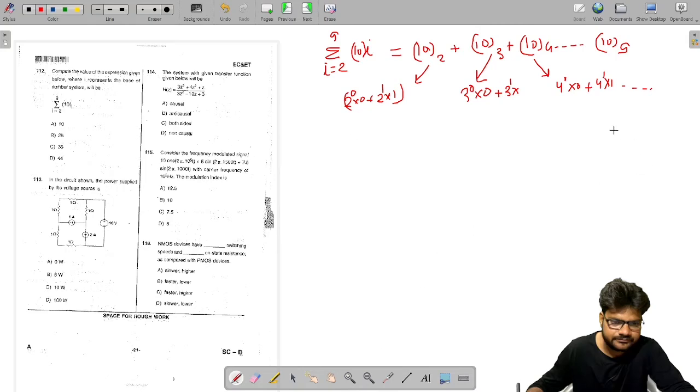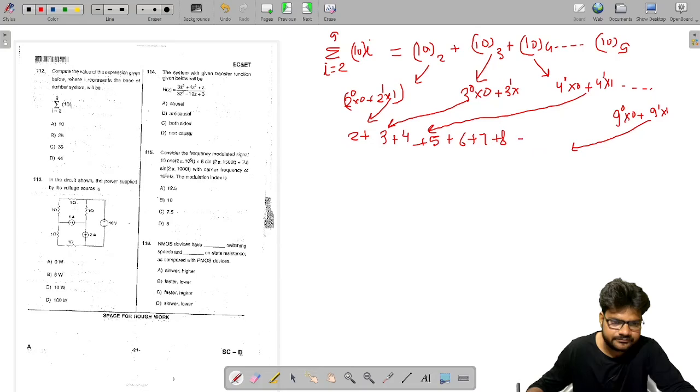For the ninth one we will write 9 to the power 0 into 0 plus 9 to the power 1 into 1. So this is going to be 0, and this is going to be 2, 3, 4, and like this we keep writing: 5, 6, 7, 8, and 9.